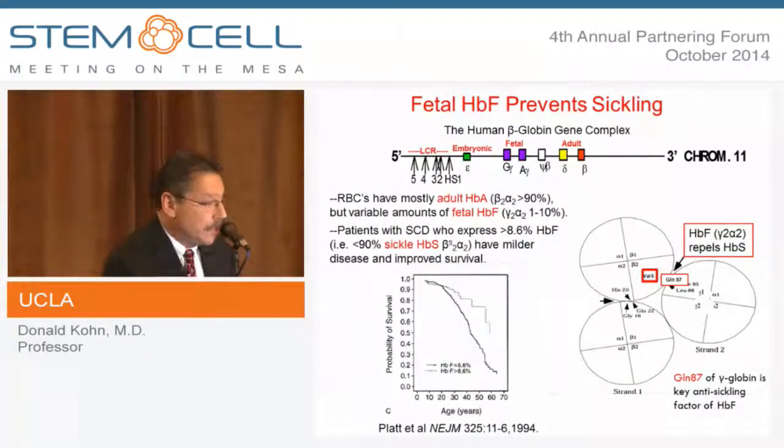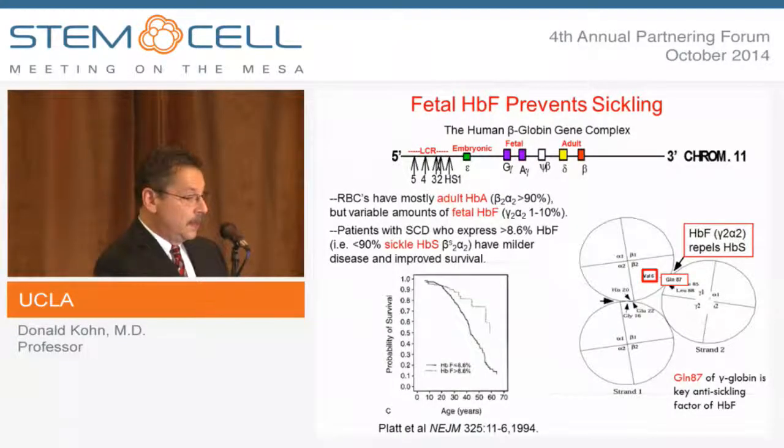So the approach that we're taking is based on observations about the effects of fetal hemoglobin. As you probably know, the adult beta-globin is one gene from a whole complex that's expressed from left to right through ontogeny, with the epsilon being expressed in embryonic life, the gammas during fetal life, and the beta in adult life. So that adult hemoglobin is a beta-2, alpha-2 tetramer.